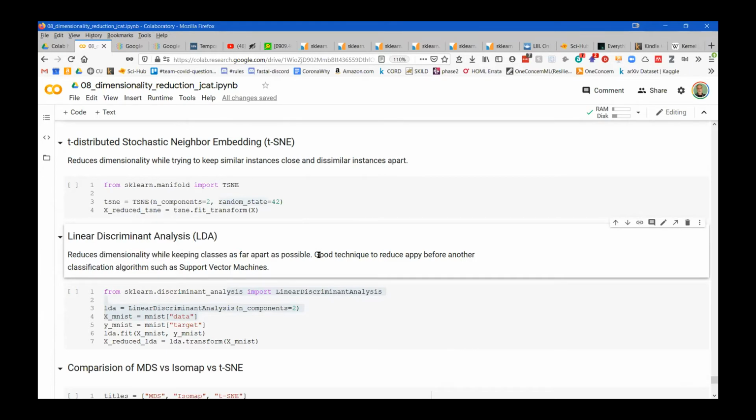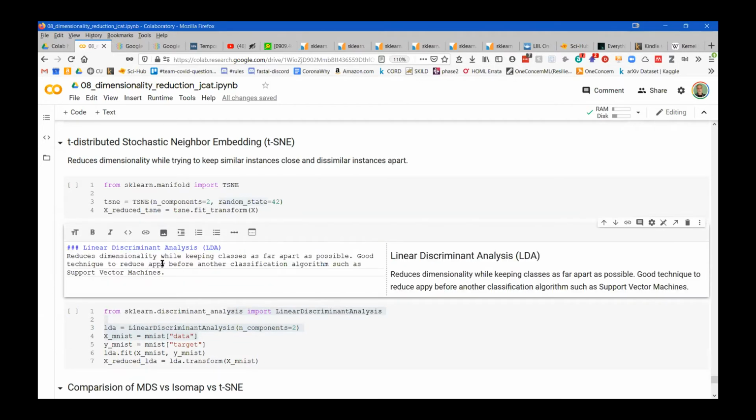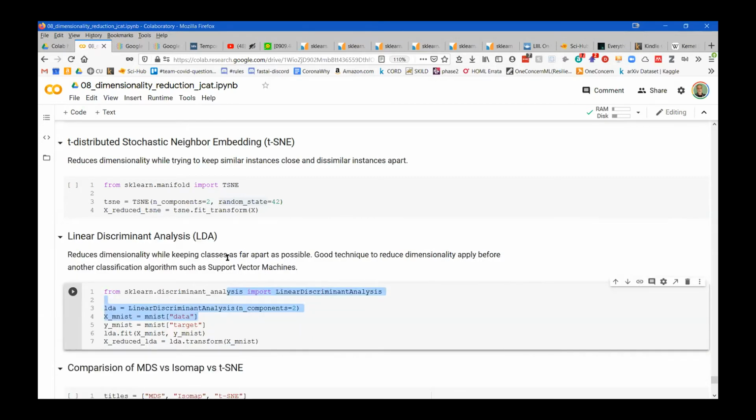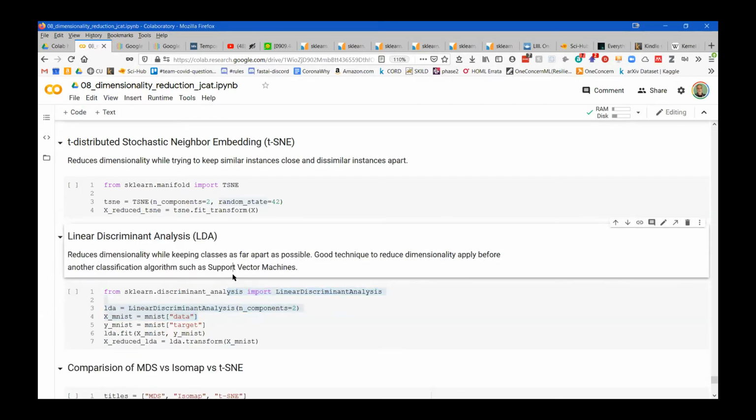And this is said to be a good technique to apply before another classification technique. So he mentions here the support vector machine. So you could run linear discriminant analysis on your data before running it through support vector machines, and that way you could cut down the dimensionality by quite a bit, and therefore you'd save a lot of compute time on your support vector machines classifier.